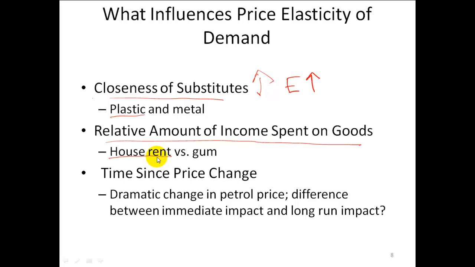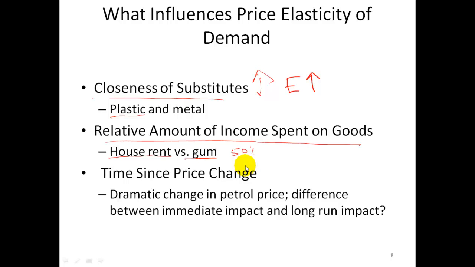Compare that with the demand for gum. Let's say that one packet of gum costs 25 cents. Now, if the price of gum goes up by 50%, so from 25 cents it goes up to something like, let's say, about 45 cents, how much will that impact your demand for gum?